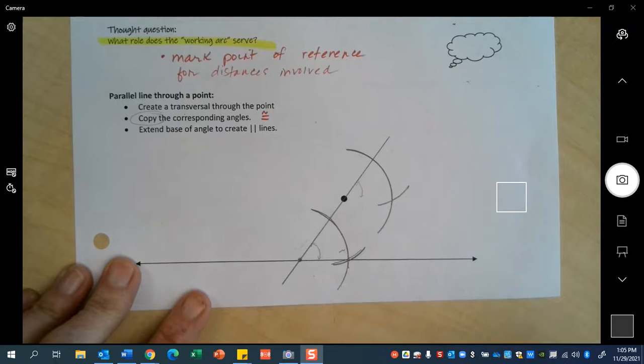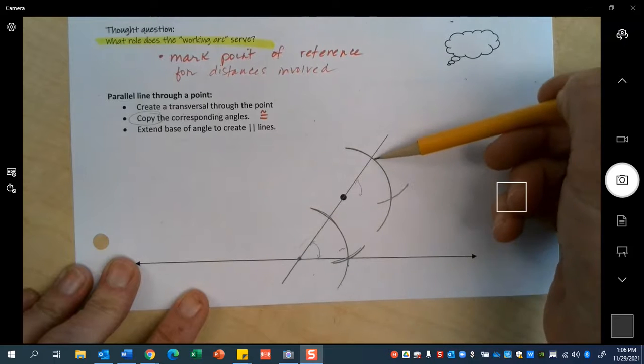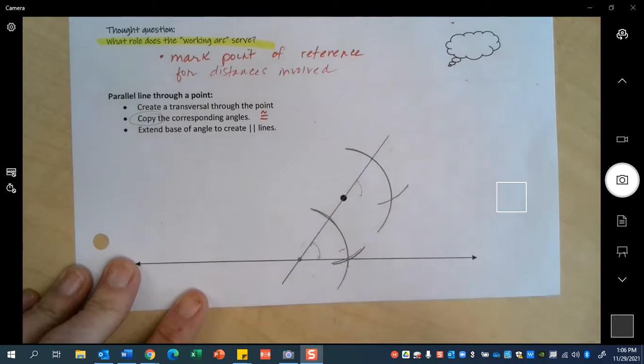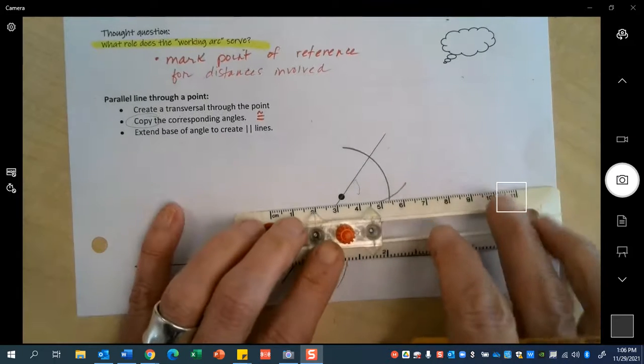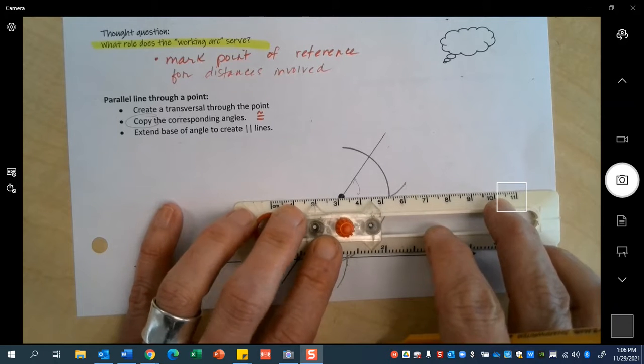Now in the past we measured the arc from bottom to top, but this time we did it from top to bottom. That distance is the same no matter what you do, but notice now I have a point through which I can draw my parallel line.